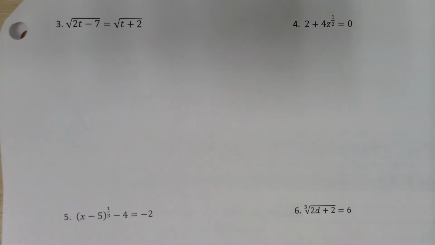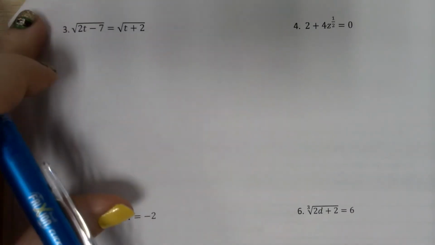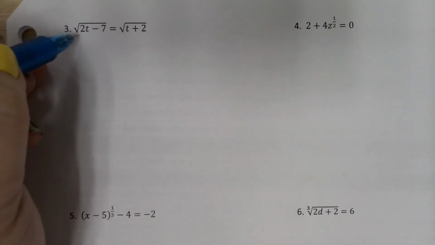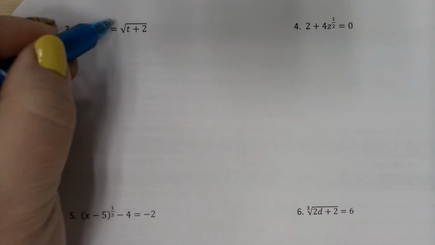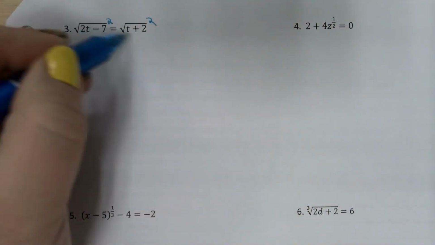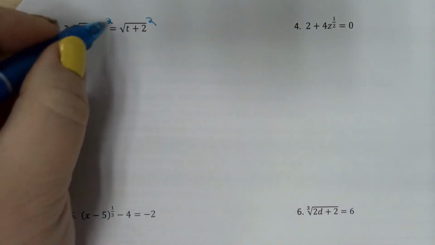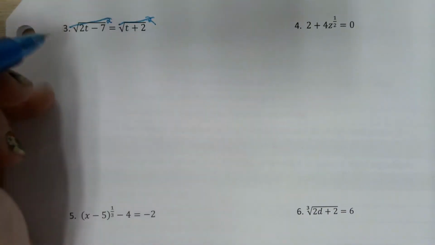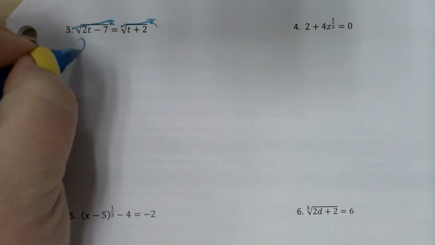Let's look at a couple of more. This time, I have a radical on both sides of the equation. This means that to get rid of it, we're going to square both sides of the equation. And since the radicals are already by themselves on both sides, all it will do is get rid of the radical symbol and leave us with what's underneath.